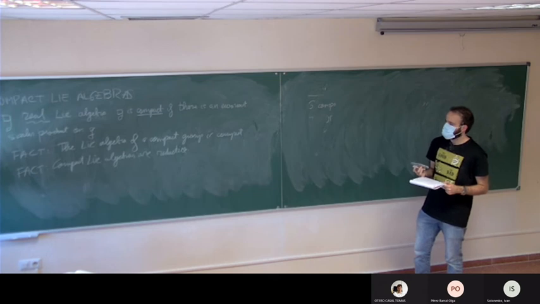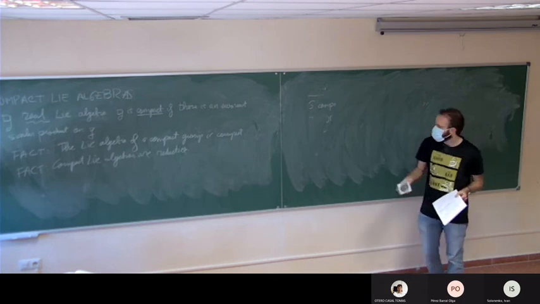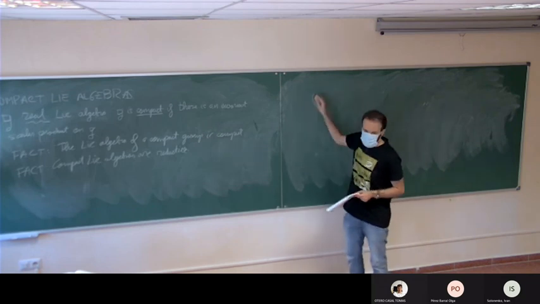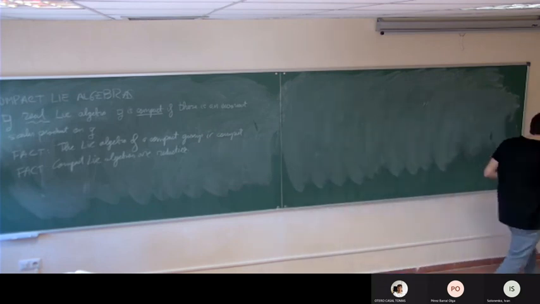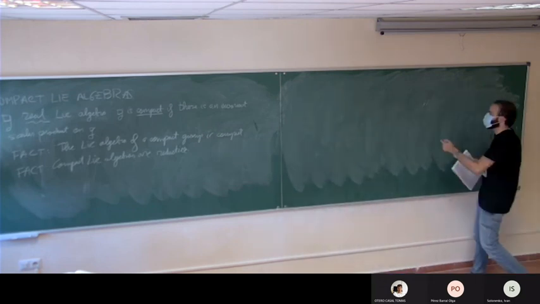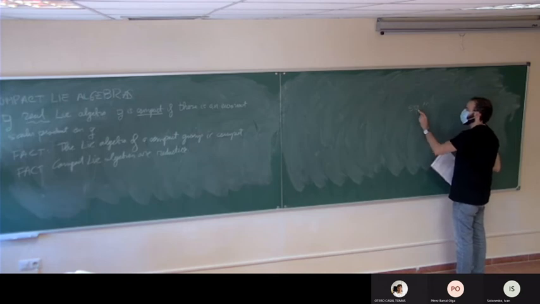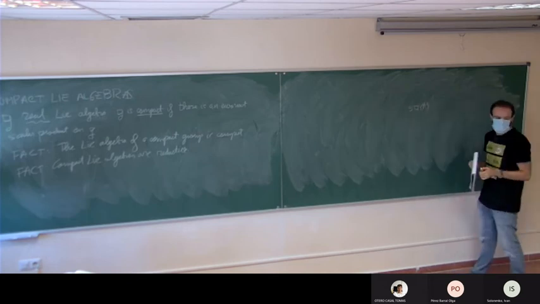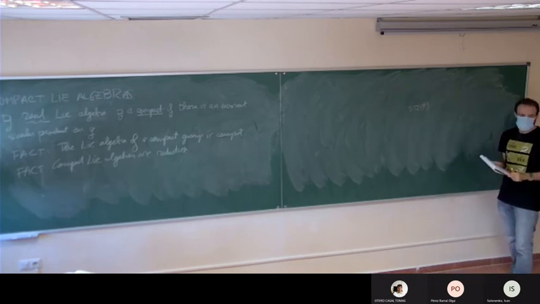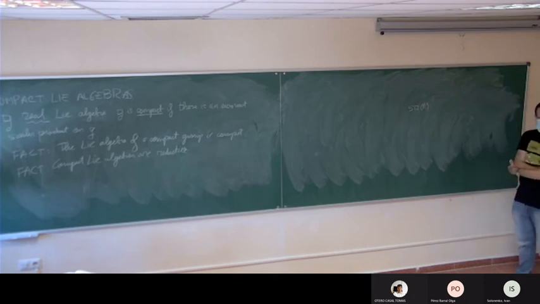Probably not. This is not really an answer to your question. Pick an example of a compact Lie algebra. So yeah, you think that there are outer automorphisms that are not skew-adjoint for the negative of the Killing form?